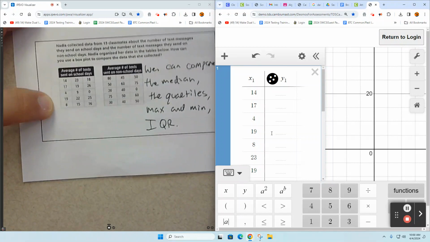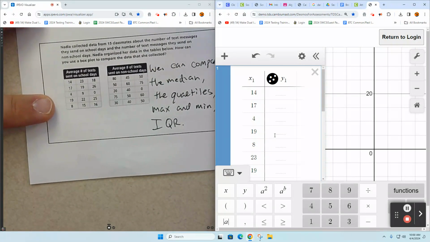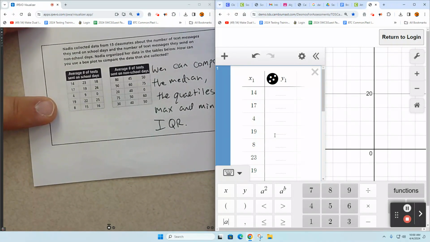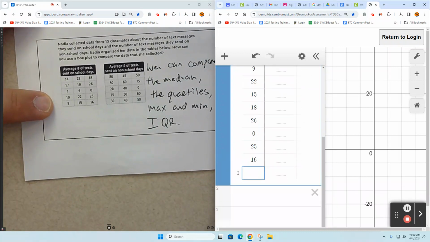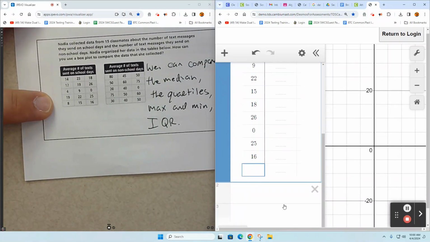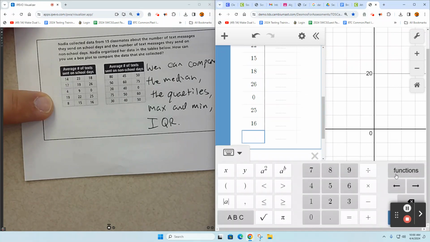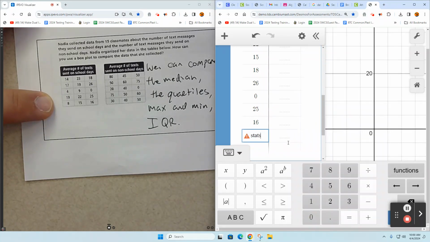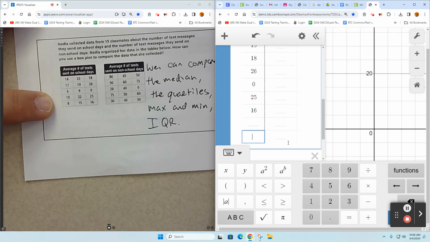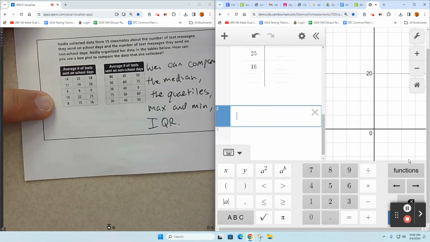The median, and what else? The quartiles, and what else? Maximum. So watch this. I can go to the stat function, and instead of doing all of these individually, if I just go to stats.